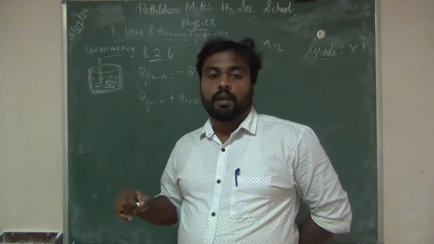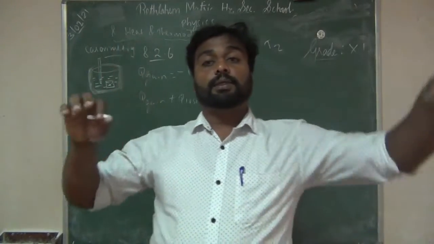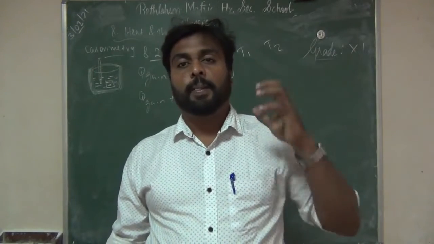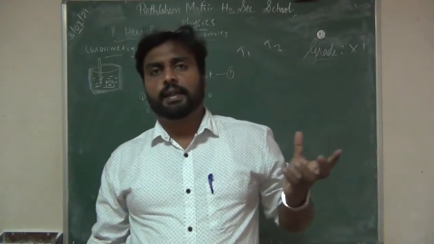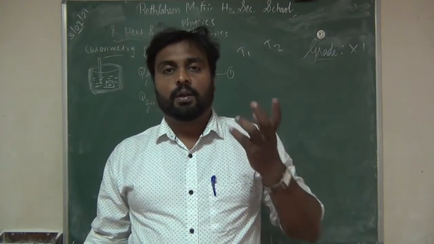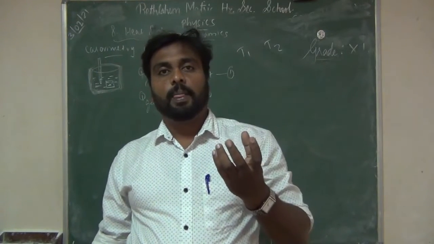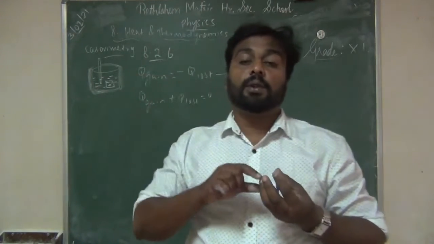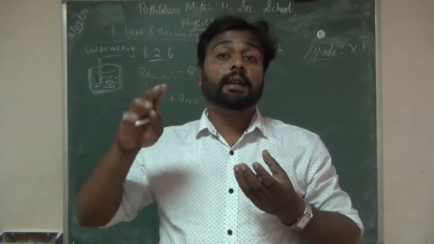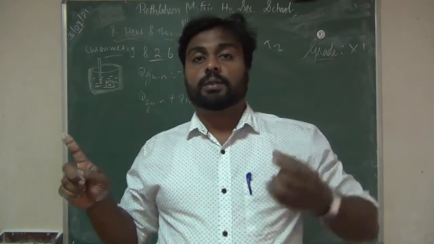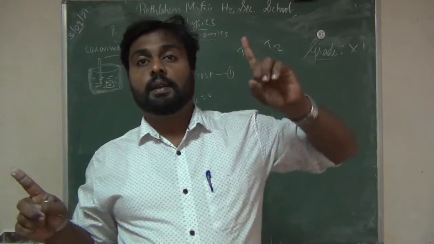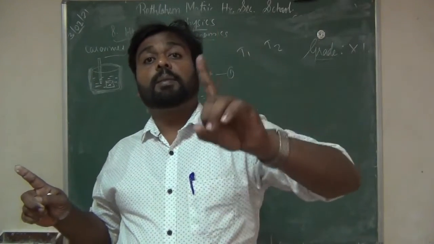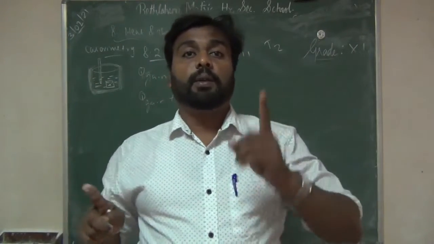Now we can substitute. Assume this body has mass M and a specific heat capacity. What is meant by specific heat capacity? You have 1 kilogram of a substance, you are heating it, and its temperature increases by 1 degree.